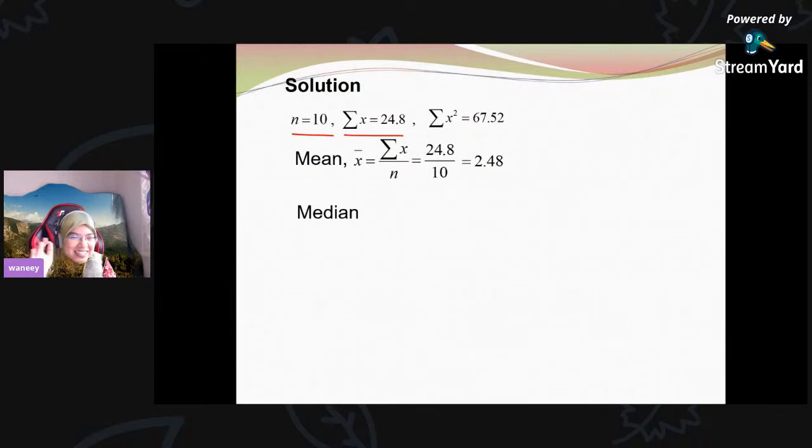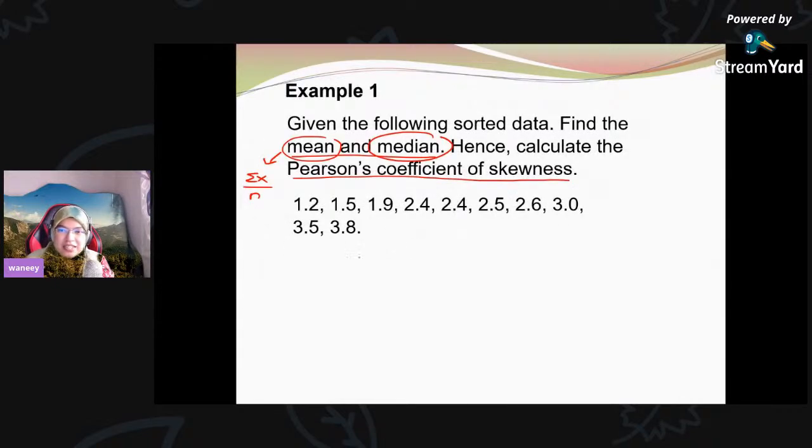Once I finish this one, we will rest first before I proceed with chapter 7. Okay, guys, we want to calculate the median. Firstly, let us see whether we have everything in ascending order or not. As you can see, we already have them in ascending order. So this one is okay.